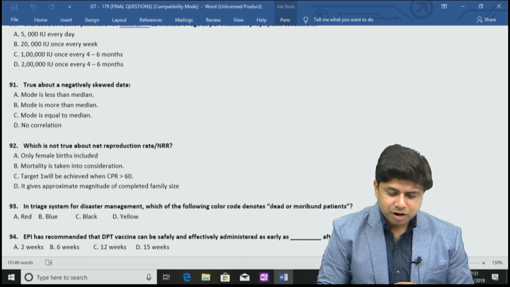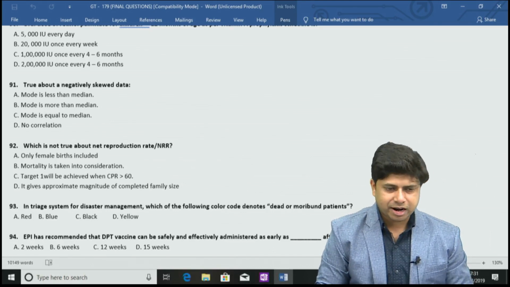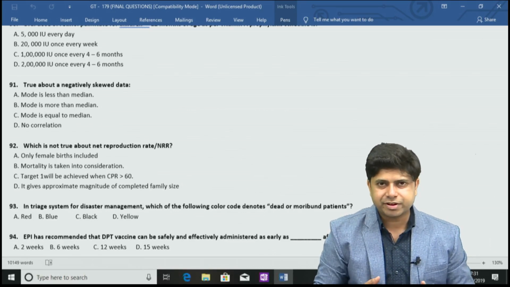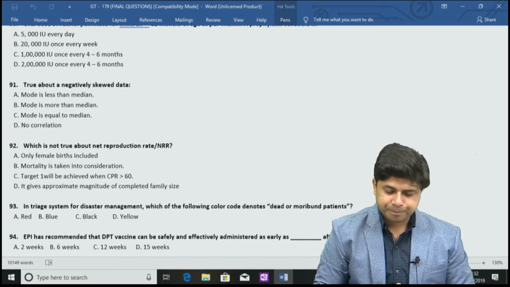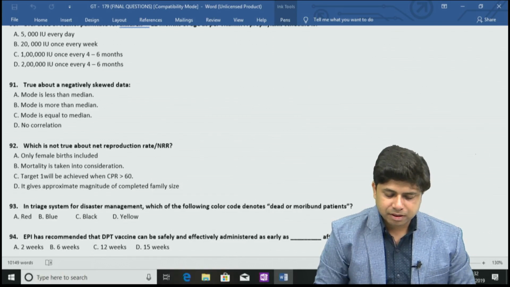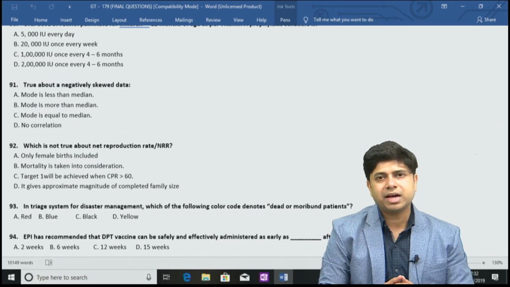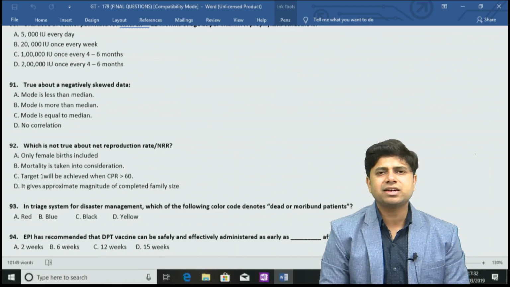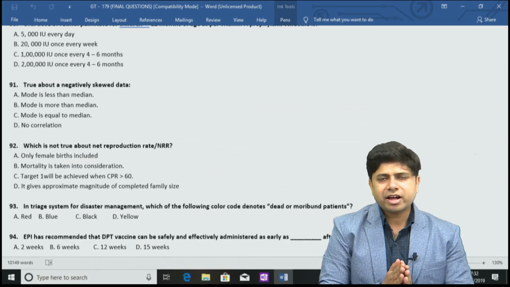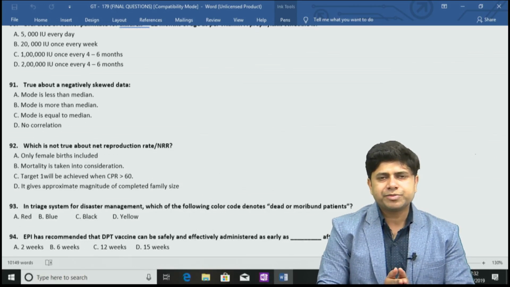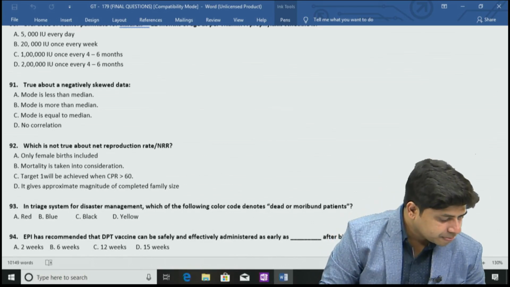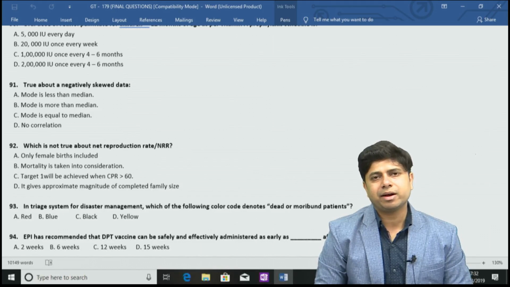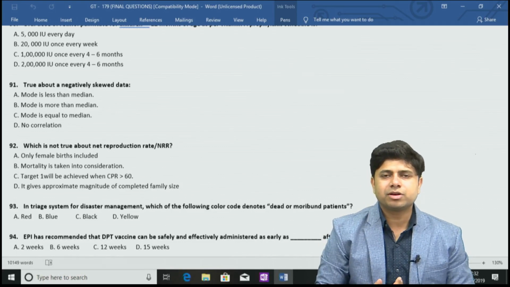NRR includes only female births, as we previously discussed. Mortality is taken into consideration, yes. Target 1 will be achieved by CPR more than 60, yes, this is a fact. You should know that when the couple protection rate becomes more than 60%, NRR of 1 can be achieved.